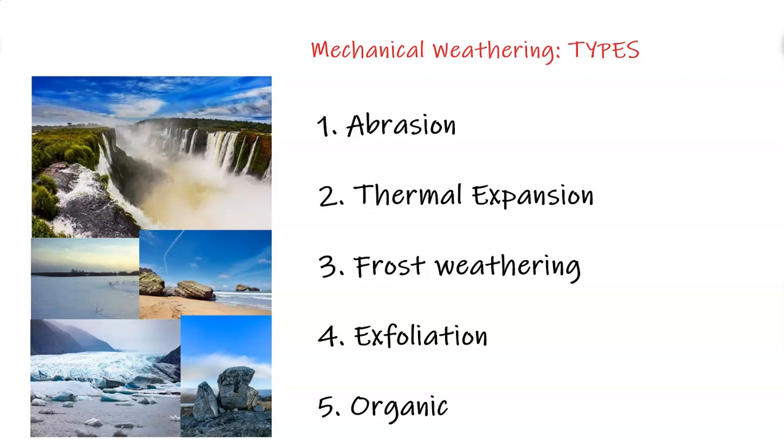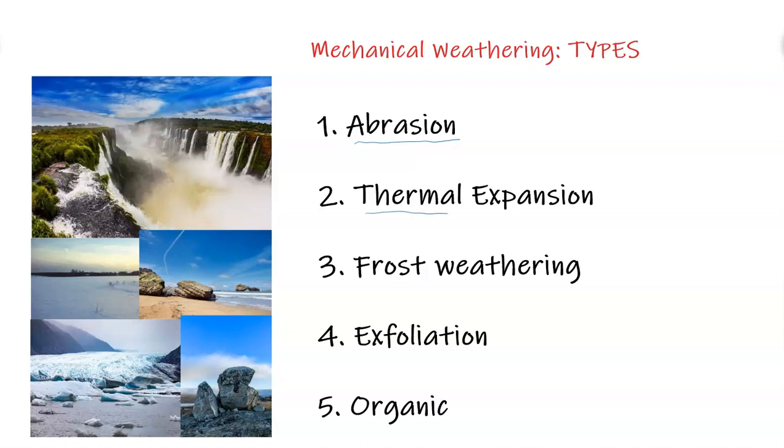So there's 5 main ones. Now, some textbooks and articles may state other quantities of weathering types, but I just generalize into 5. So the first one is abrasion. We'll get onto that in a second. That's a big one in terms of contact.